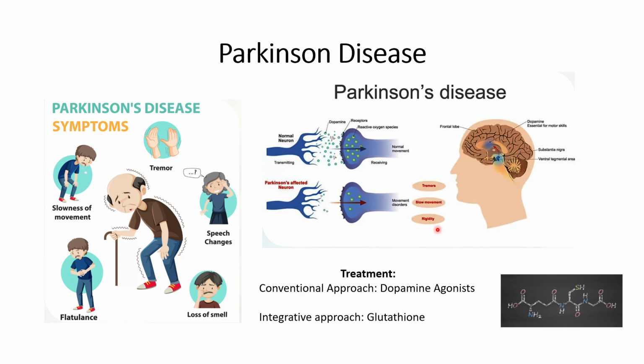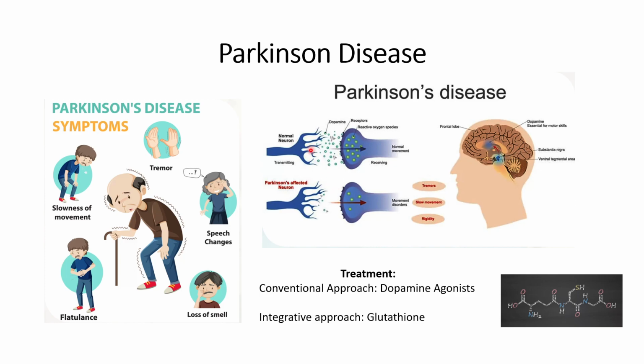There are different kinds of treatments available for Parkinson disease. The conventional approach is to use a dopamine agonist. So what is this dopamine agonist? A dopamine agonist works in a similar way to when dopamine binds to the receptor.